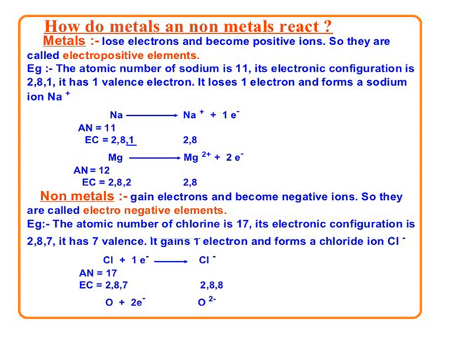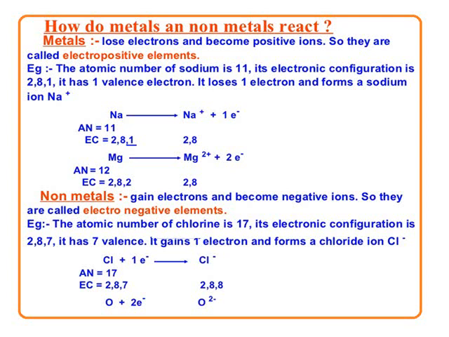Metals have a tendency to lose electrons and nonmetals have a tendency to gain electrons. When metals and nonmetals react with each other, both of them try to achieve a completely filled outermost shell by transferring electrons. For example, the electronic configuration of sodium is 2, 8, 1.